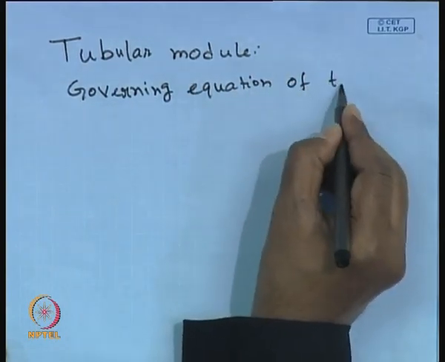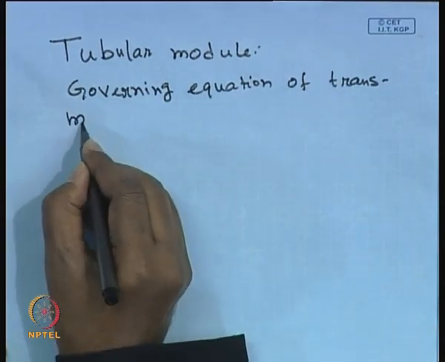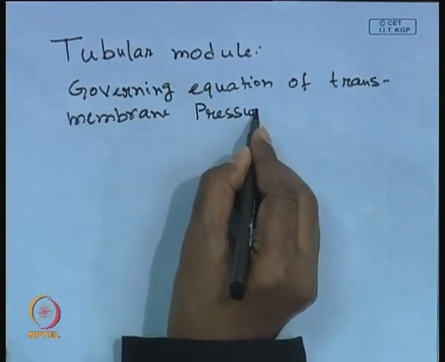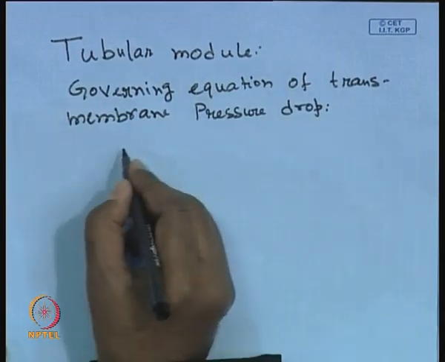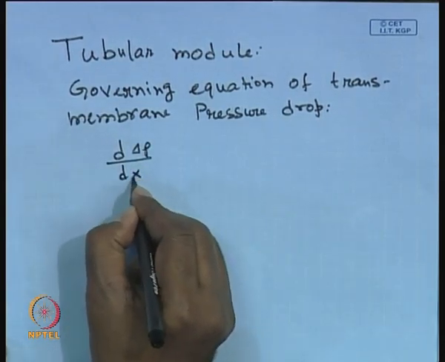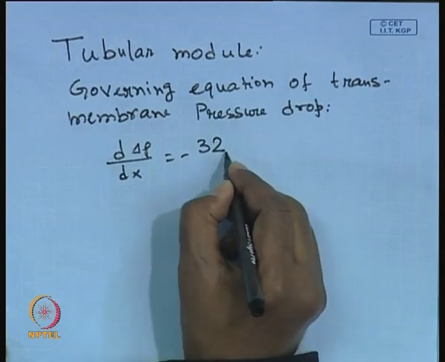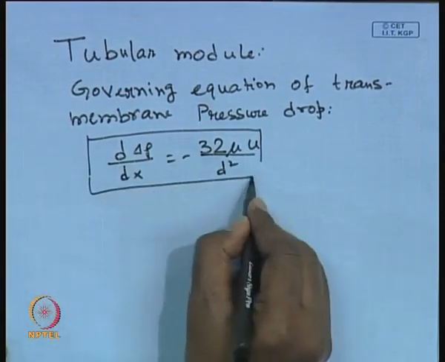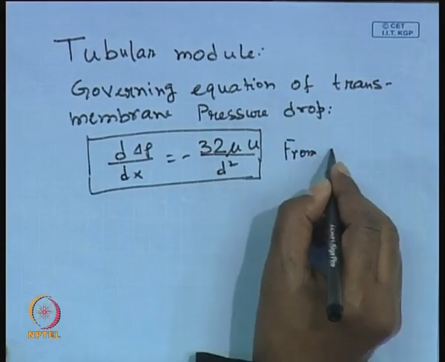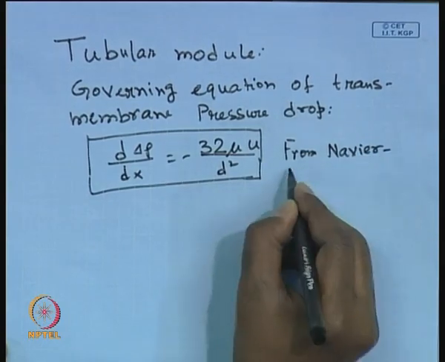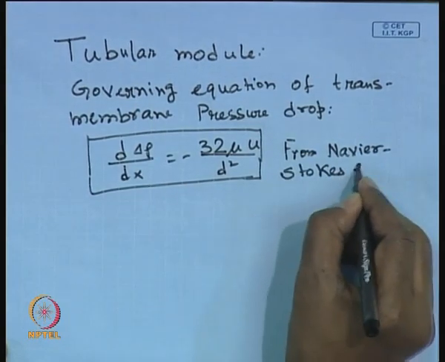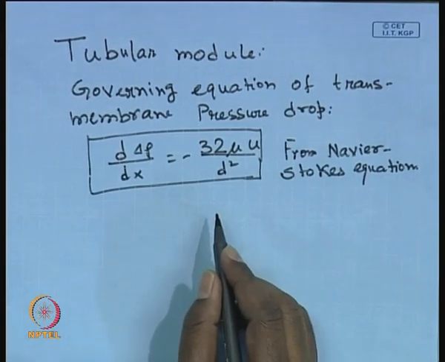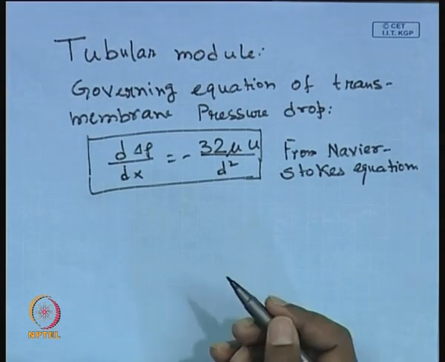governing equation of transmembrane pressure drop is d delta p dx is equal to minus 32 mu u by d square. Okay. In fact, this comes from the Navier-Stokes equation, the equation of motion for a flow through a tube.